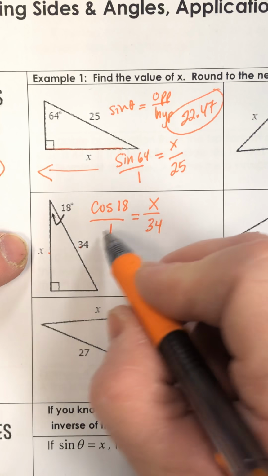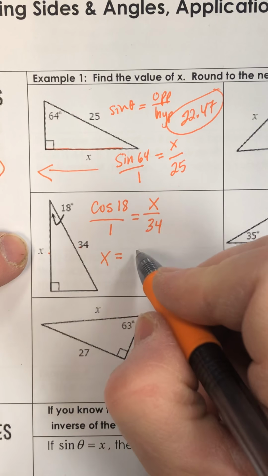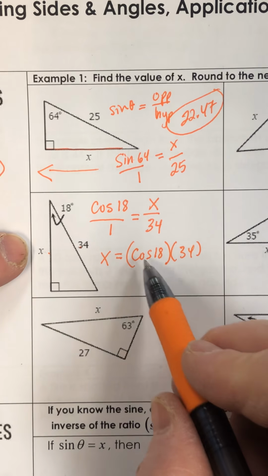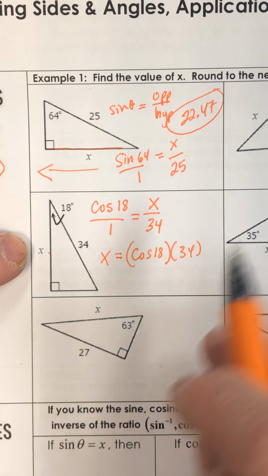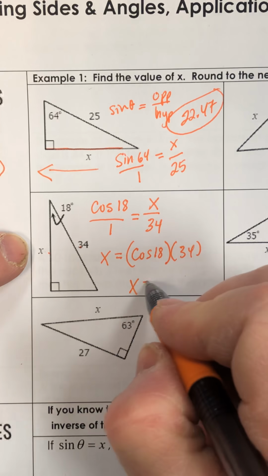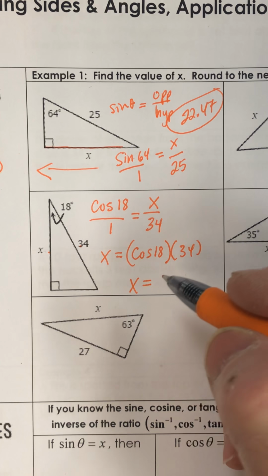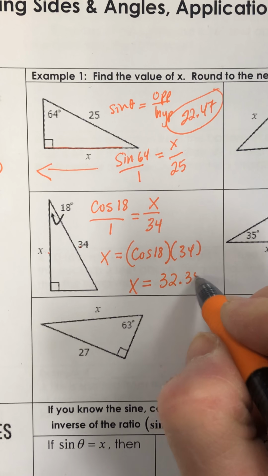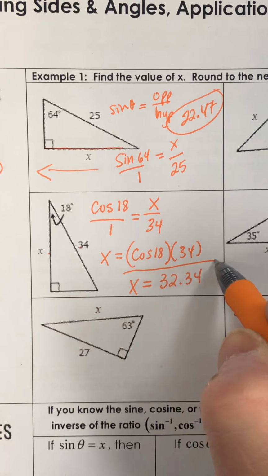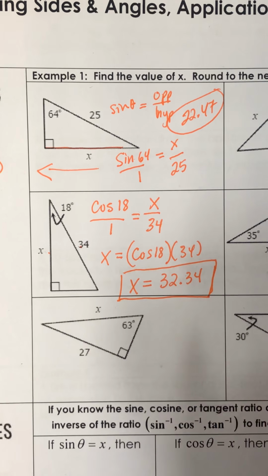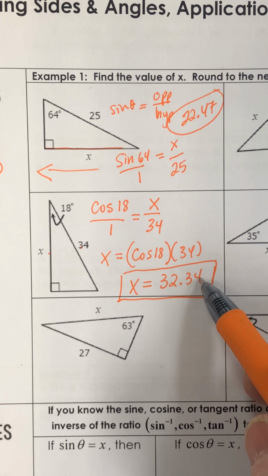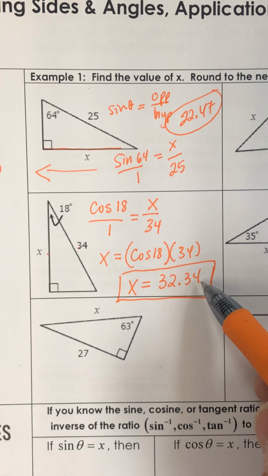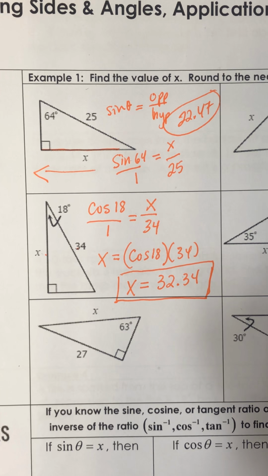Now I cross multiply, so x times 1 is x, and the cosine of 18 times 34. So I do the cosine of 18, enter, then times 34, enter, and you get right close to 32.34. That's the side length. I'm usually just rounding to the second decimal place. So I look at the third decimal place and round to the second decimal place, or the hundredths place.